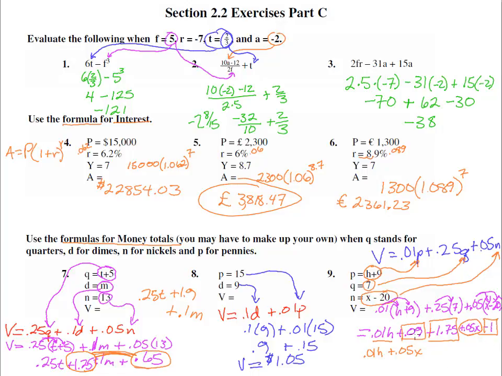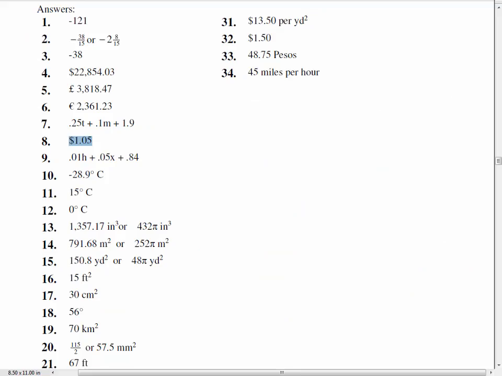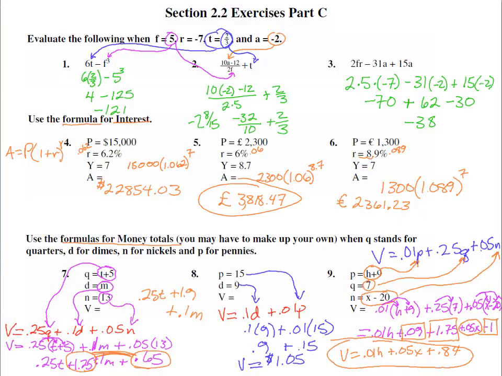Let me see if we did this. 0.09 plus 1.75 would be 1.84. Minus 1 is 0.84. So in this problem, this is what V turns out to be. Let's check our answer. V is 0.01h plus 0.05x plus 0.84, and that is correct. Good.